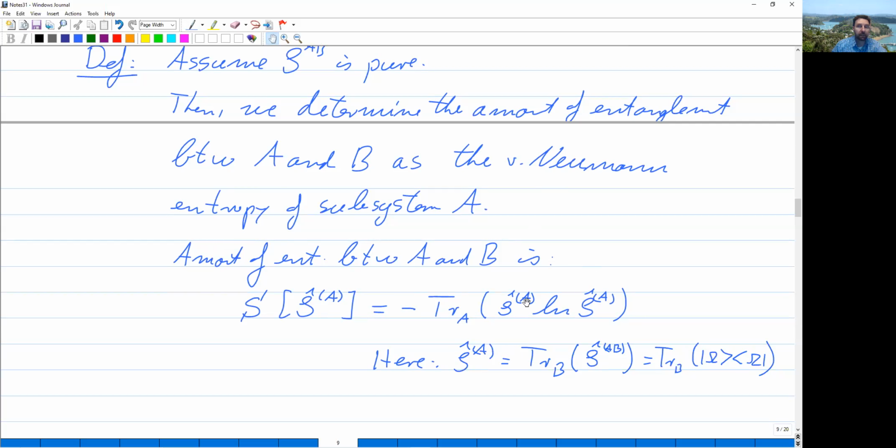And that gives you some number which is 0 if and only if the density matrix is a pure state density matrix, as we know from previously in the course. And the more rho is mixed, and therefore the more the two systems are entangled, the larger is the entanglement entropy.